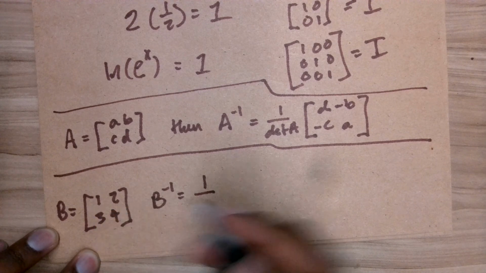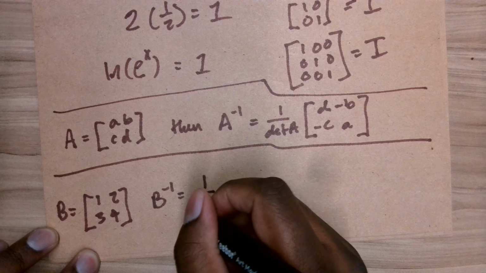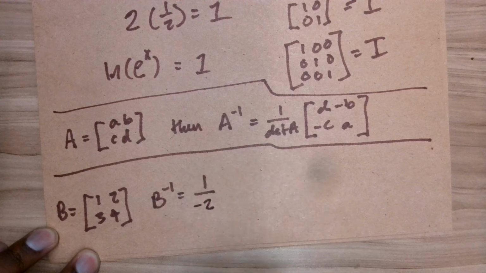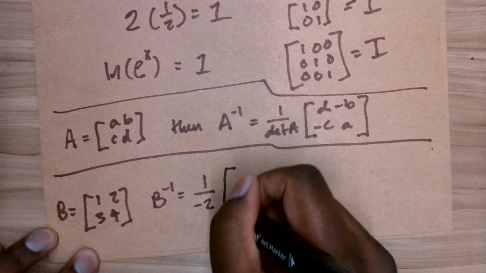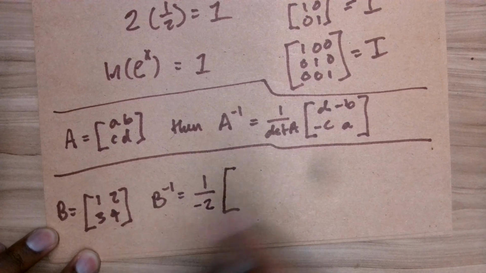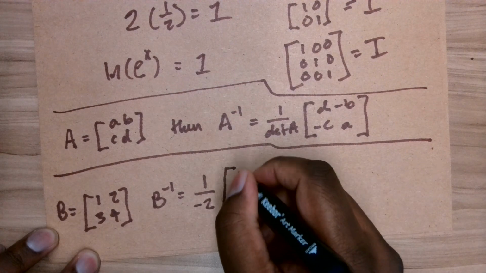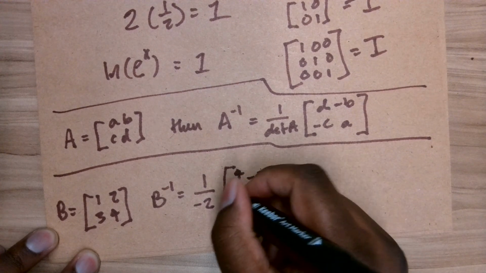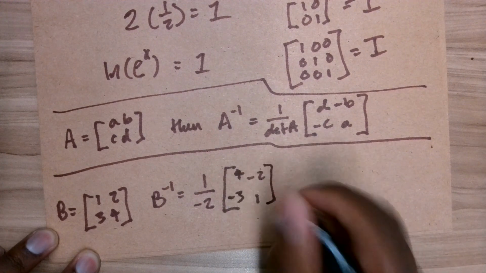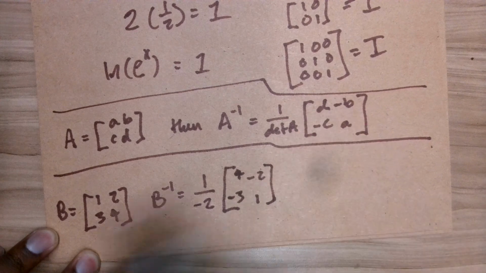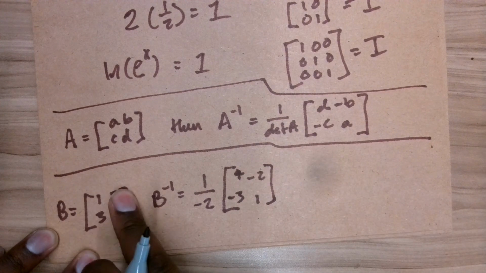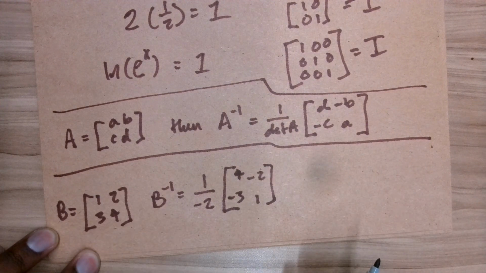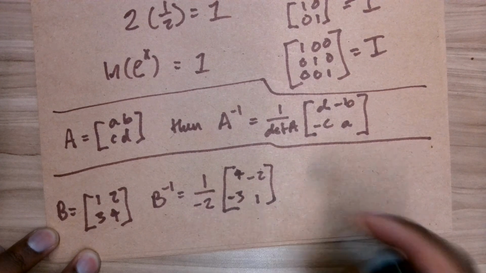So 4 minus 6 is negative 2, times the rearranged matrix: 4, 1, negative 2, negative 3. I'm literally doing what I did here: these two change places, and these two become negative. Everybody cool with that?